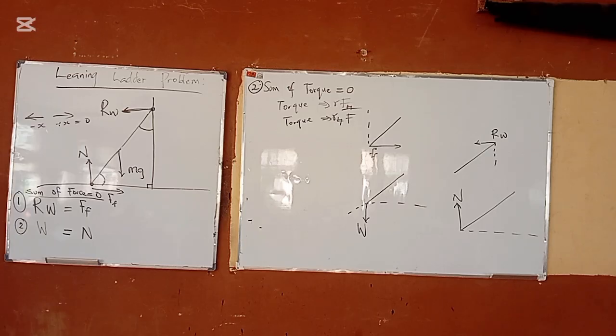You should just do torque cos theta. That is what I'm saying. Anyone on the y-axis, just do torque cos theta. Are you seeing it? And anyone on the x-axis, just do torque sine theta.